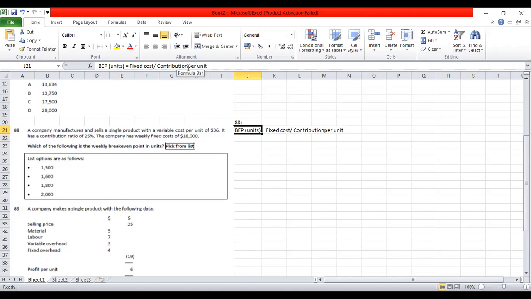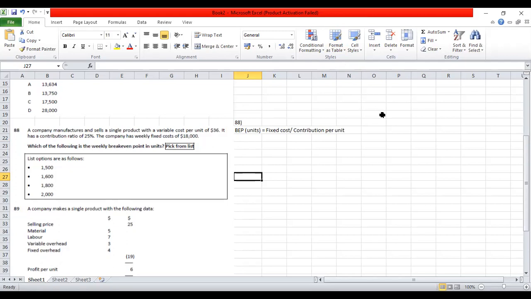Just please observe that a company manufactures and sells a single product with a variable cost of 36. That's given. Contribution margin ratio is given as 25%. So we will be able to find out break-even sales. That is 18,000 by 25% gives us break-even sales. To arrive at break-even units, the sales value divided by the selling price gives us number of units. So where do we have that selling price per unit? That is not there. So what do we do?